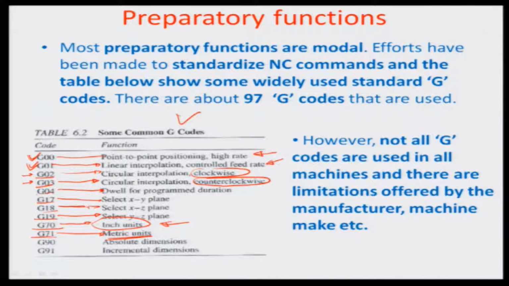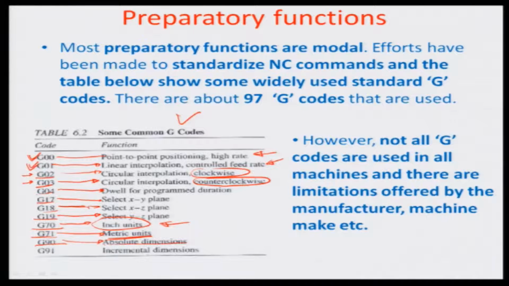Okay. G90, for example, is absolute dimensions. Here what it means is, as I already told you before, that the coordinates can be interpreted either by looking at the origin and how the coordinate is placed from the origin, or they can be looked at as an increment, a difference between the previous position and the next position. So, in one mode it is called absolute, and in another mode it is called incremental programming.